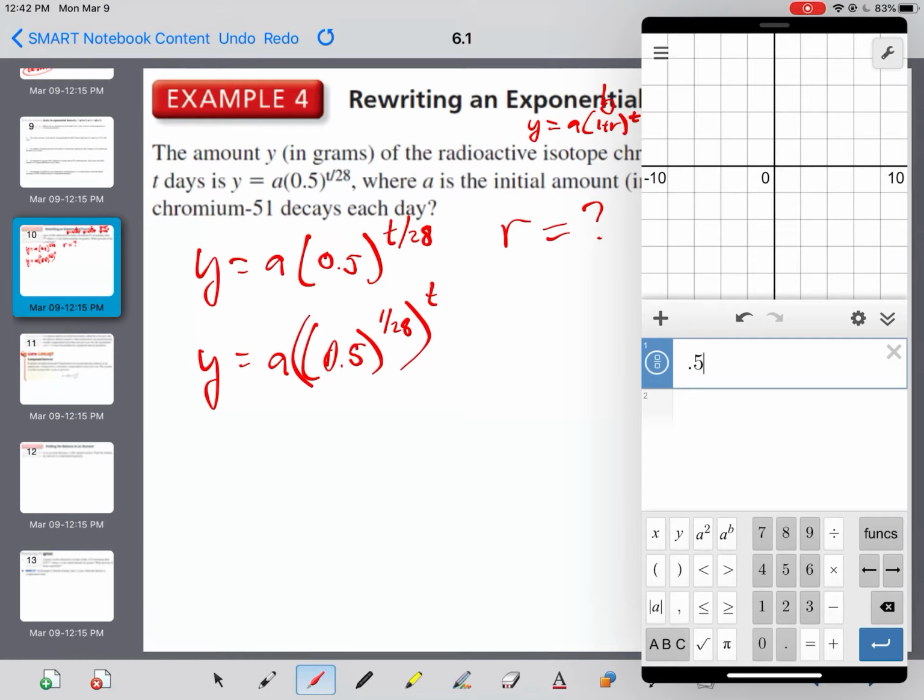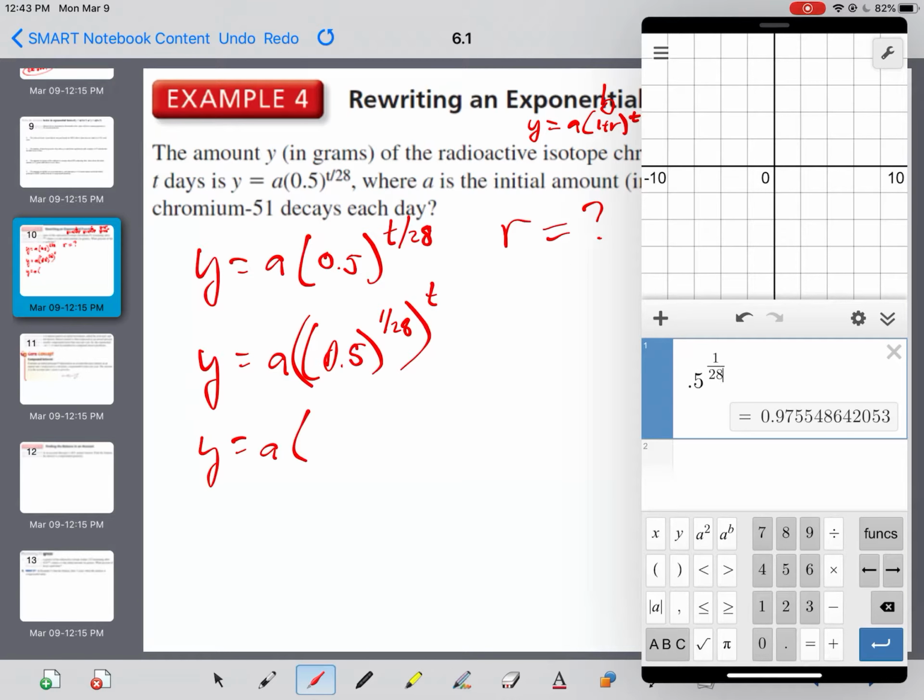So let's try that out. 0.5 to the 1 divided by 28. Okay, so we get y equals a times approximately 0.96 to the t.